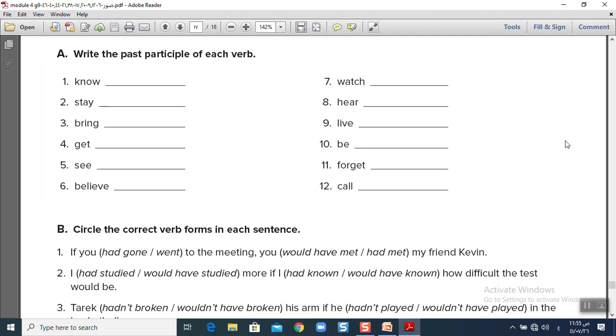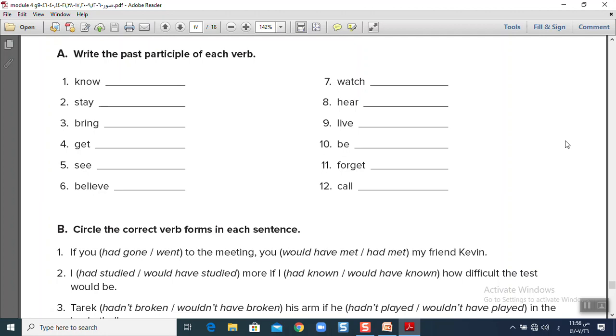Got or gotten. Past participle of see. Seen. See, saw, seen. Past participle of believe. Believed. Watch. Watched. The rest are homework for you, from 8 to 12.